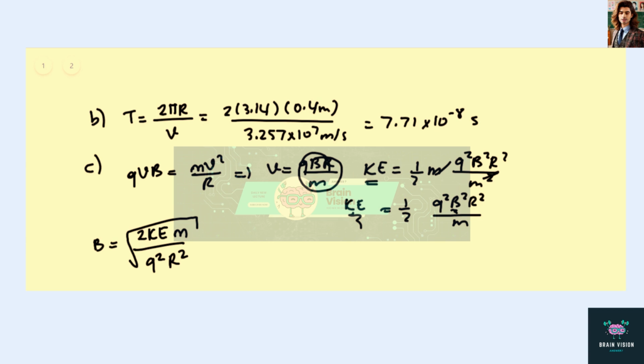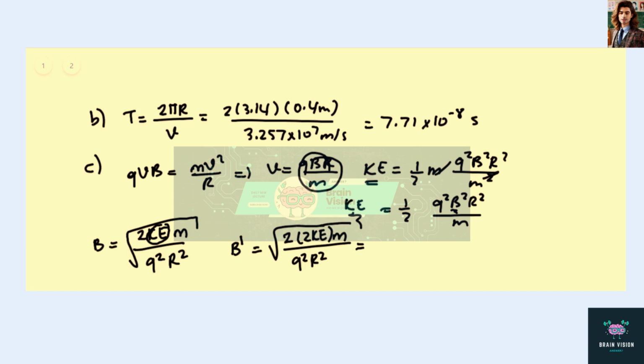Now we're given a different magnetic field. Let's call it B prime. And the condition is that we're doubling this kinetic energy term. So it's going to be 2 times the kinetic energy times m over q squared r squared.